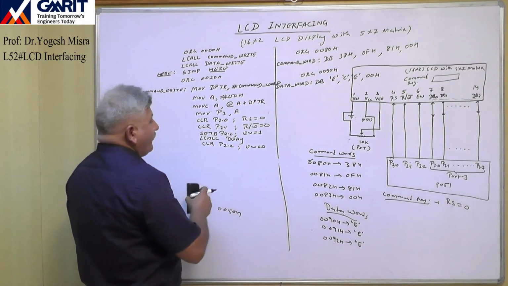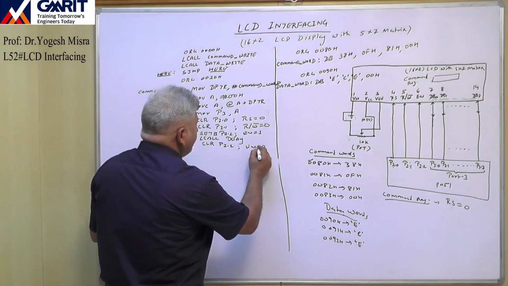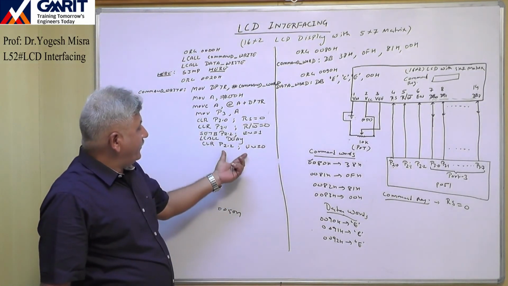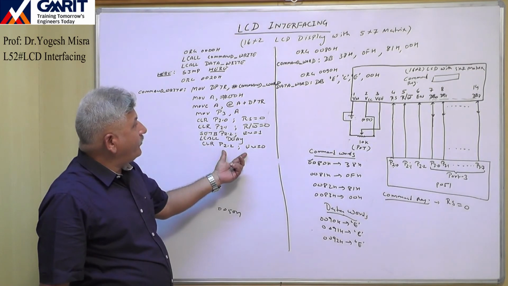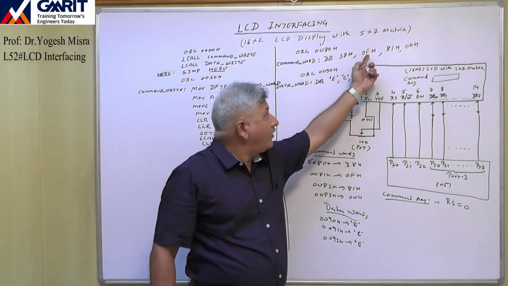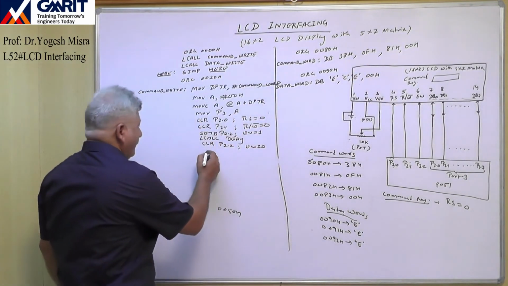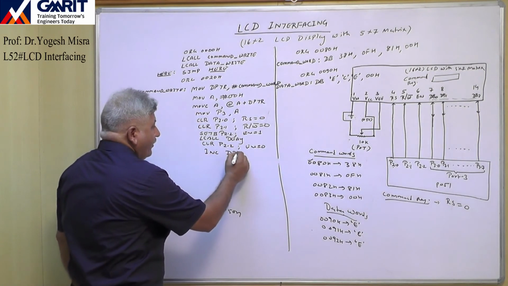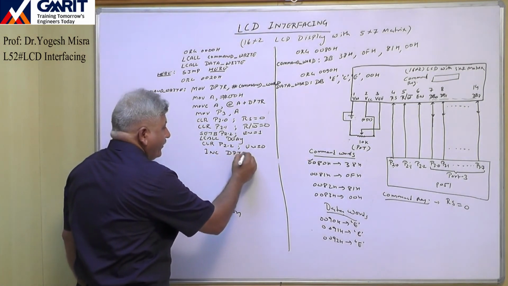Okay, so after this, what do we have to do? We have completed this. Now we have to bring the address of the second command word. So for this, we will do INC DPTR.